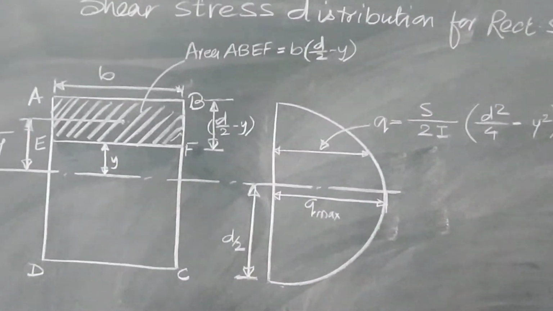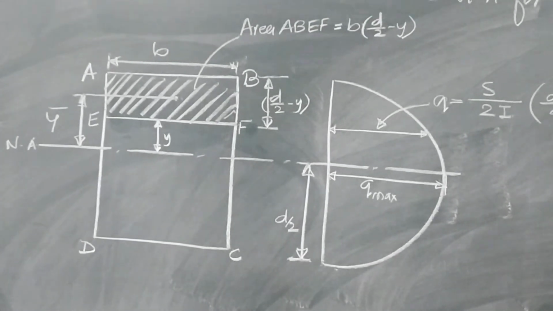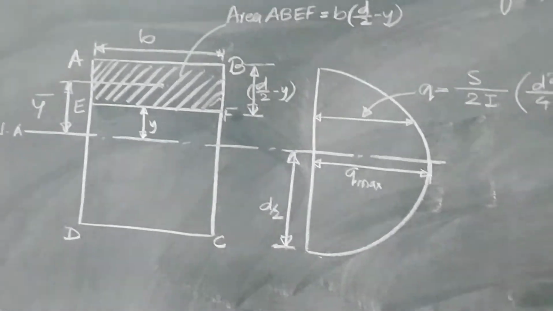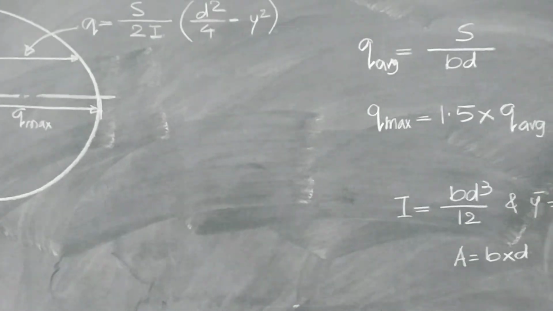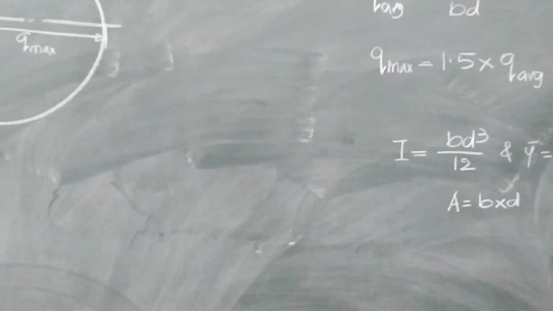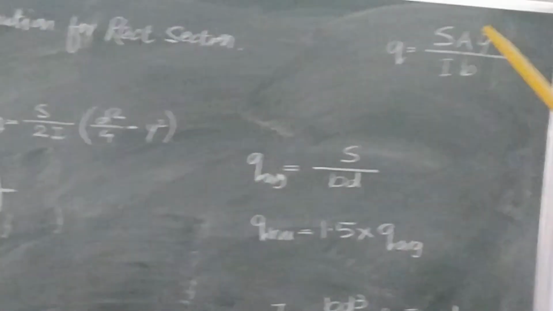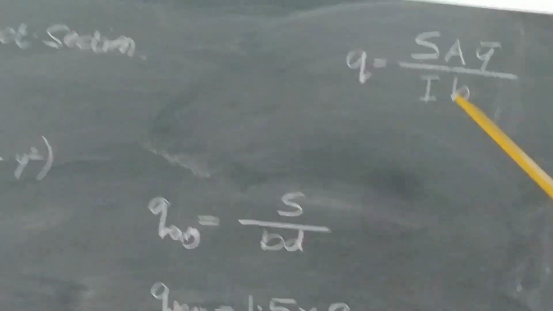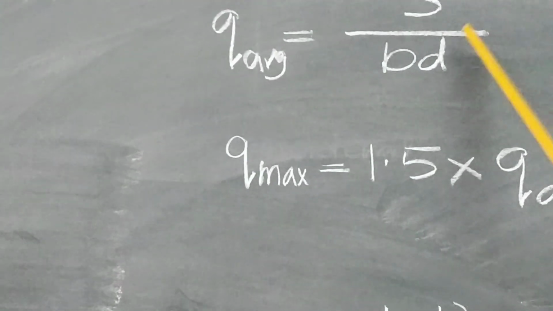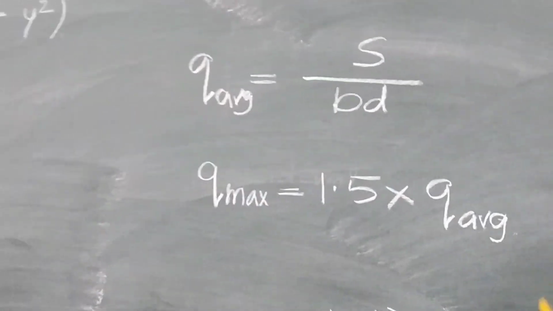Now, putting the values of y bar, A, you know S is given, I is equal to B D cube by 12 and y bar is equal to d by 2. Putting these in this expression, you will get the value of Q average, and Q max is equal to 1.5 Q average.